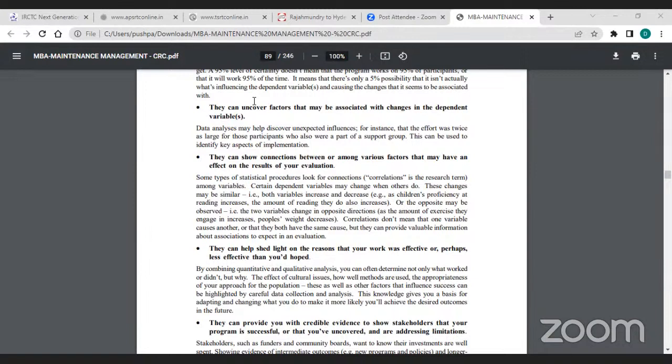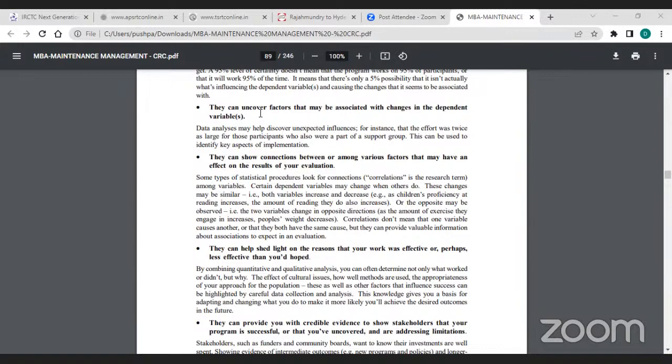So here, whenever we are collecting the data, how are we interpreting the data? What are we trying to analyze in the data? We will try to see what variables are associated with the data. So when we talk about variables, what is a variable?